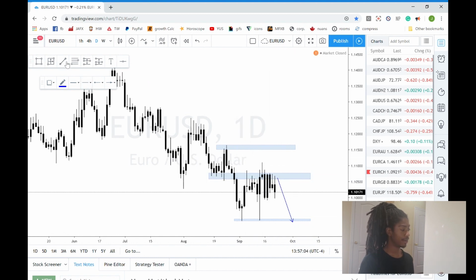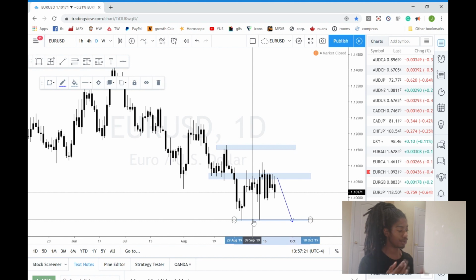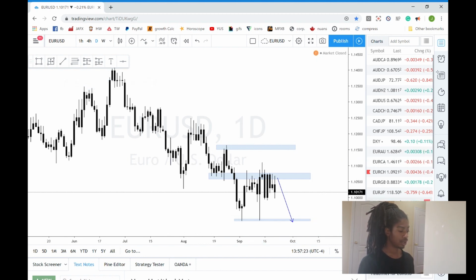And that being said, if price does close above, we're looking for that market structure to continue upwards, right? And then once price returns to this support area, we're going to see how the candles are developing. Does it want to go back up, or does it want to keep going down, right?